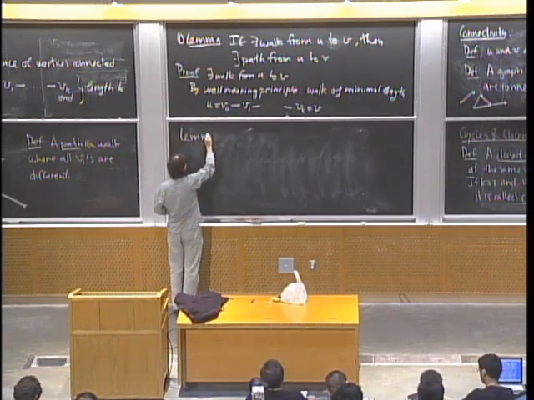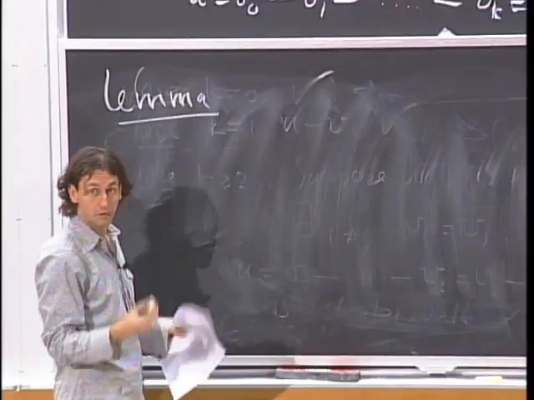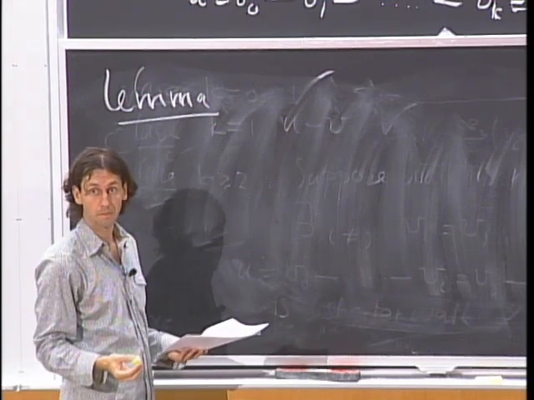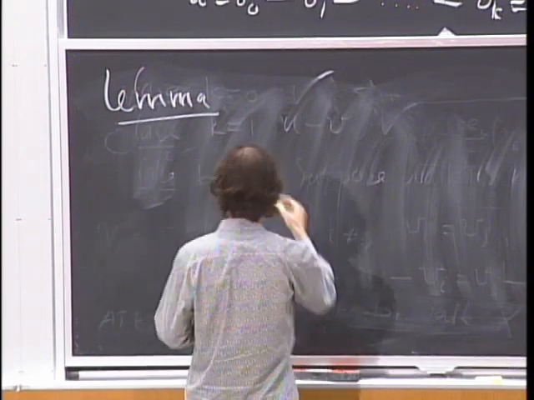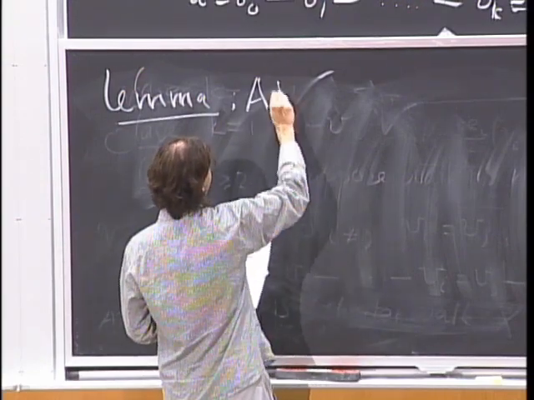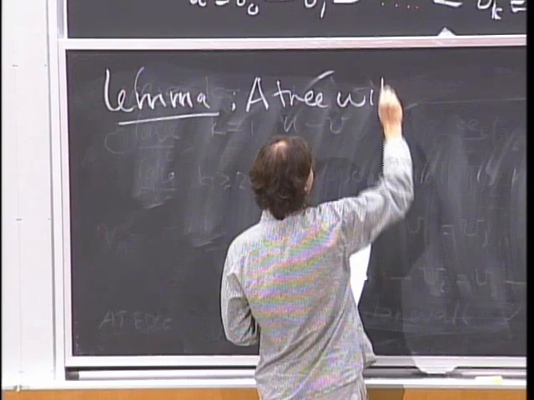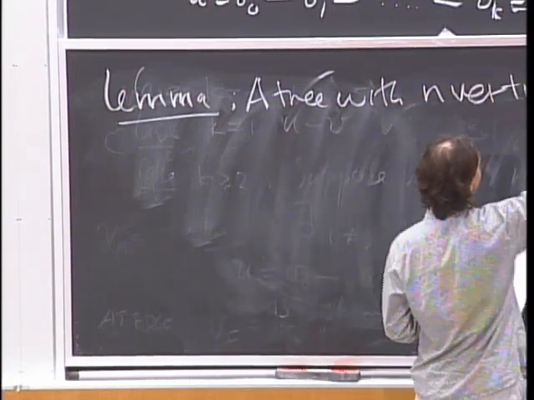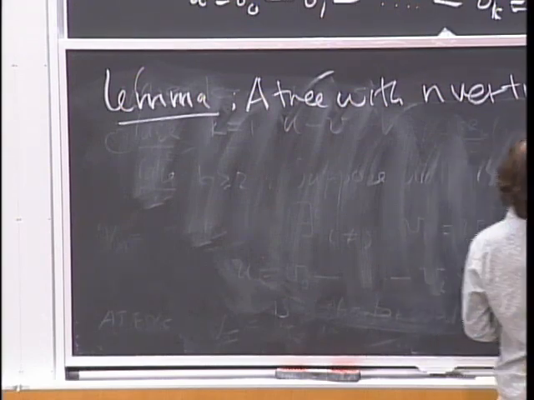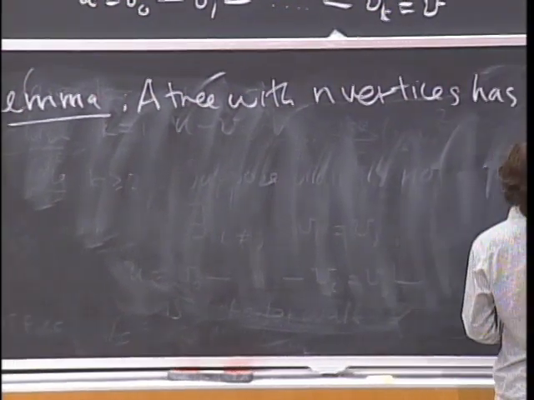The lemma states that if you have a tree that has n vertices, then it must have n minus 1 edges. So there's a very tight relationship here. So a tree with n vertices has n minus 1 edges.